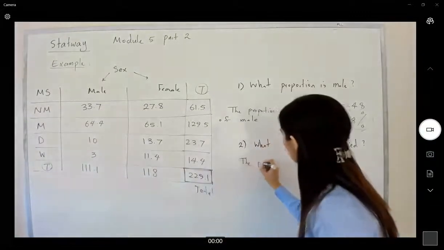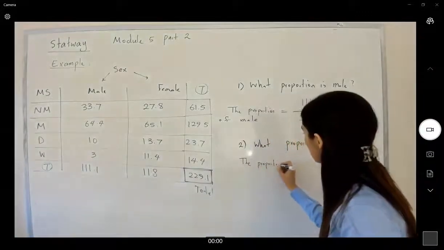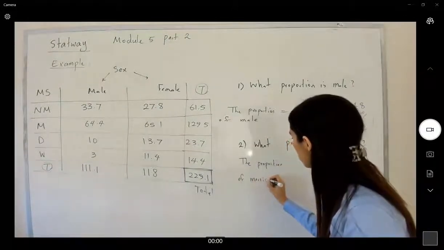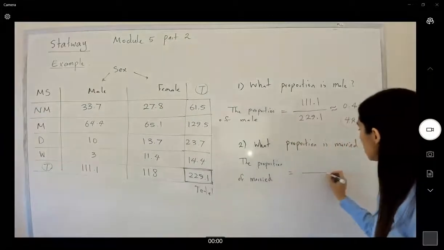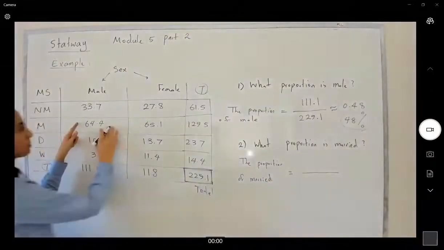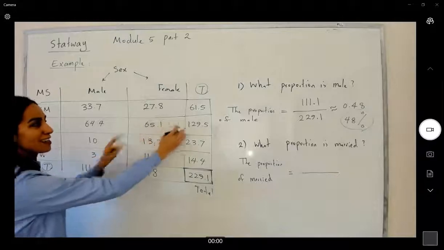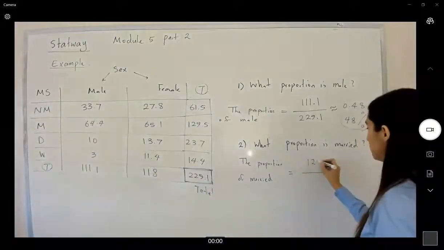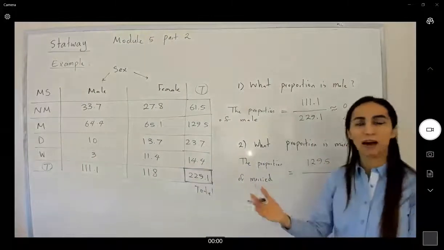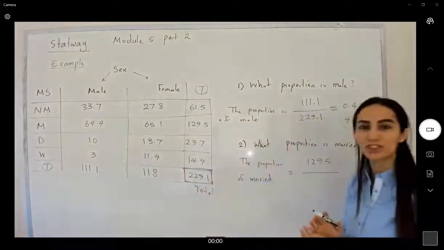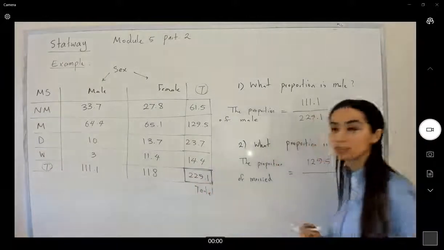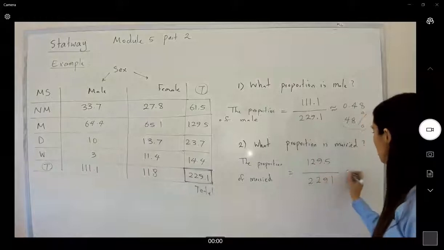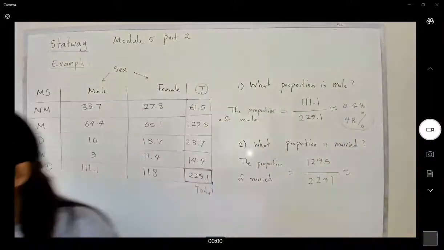So the proportion of married, which includes married males and married females, is 129.5 out of the total population, which is 229.1. So what do we get approximately? How many percent?